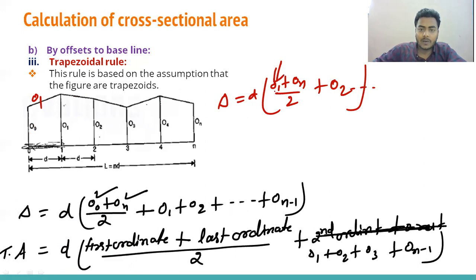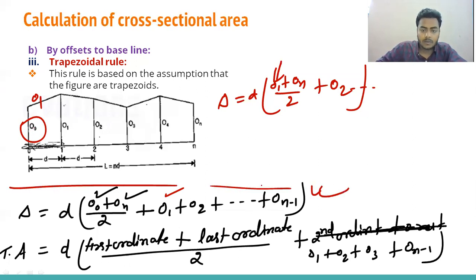So don't get confused with that. Just remember that our first ordinate is O0, not O1. If the first ordinate is O0, then we will get this formula. So just remember this formula.